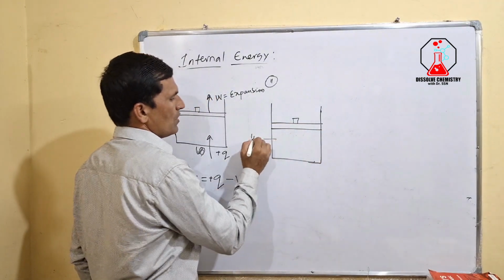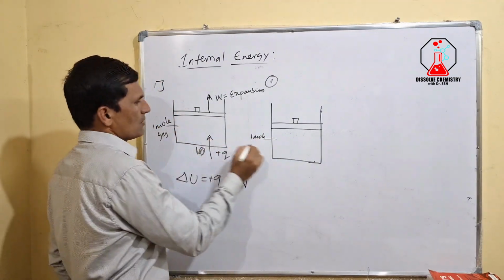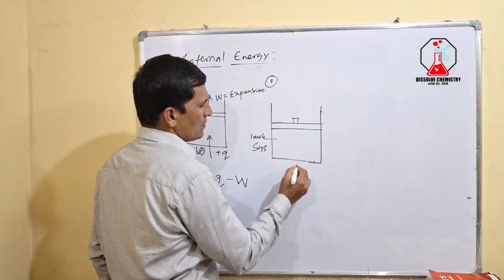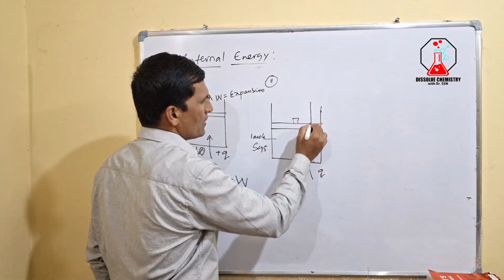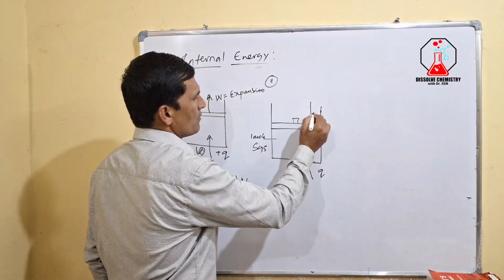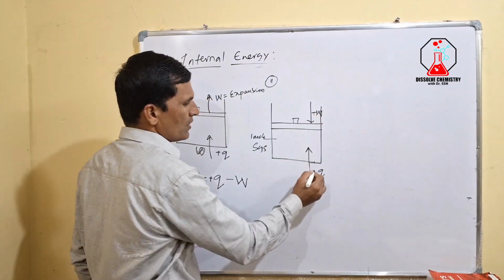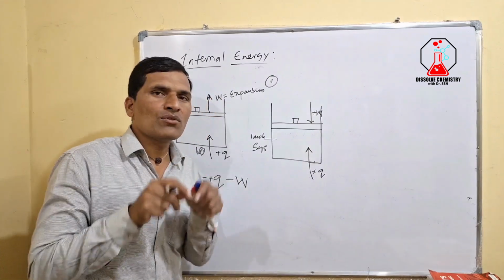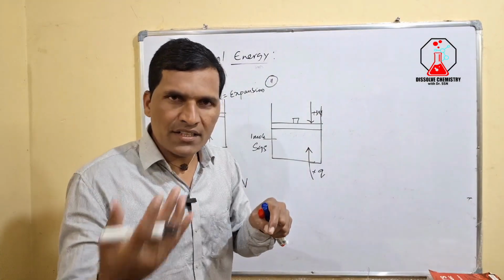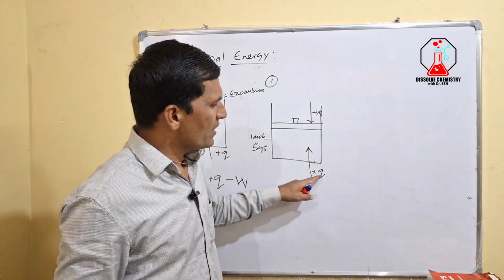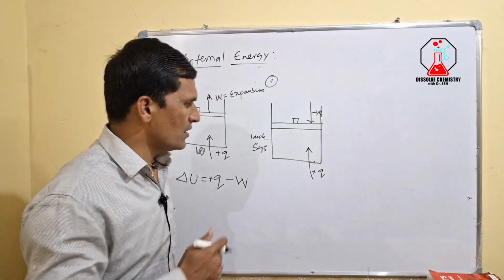Then we will see the second condition. Once again we take 1 mole of gas. Now heat is absorbed by the system, Q amount of heat is absorbed, and on the other side we are compressing the gas, means we are doing compression work. So from both sides energy is added to the system: work is done in such a way that it leads to an increase in internal energy, and in the meantime the heat absorbed also increases the internal energy of the system.